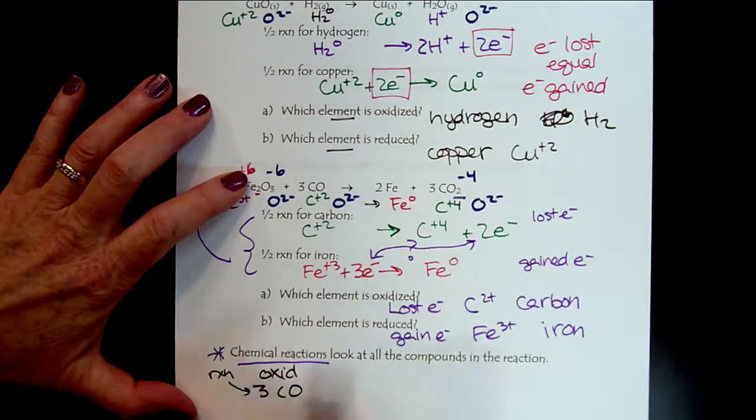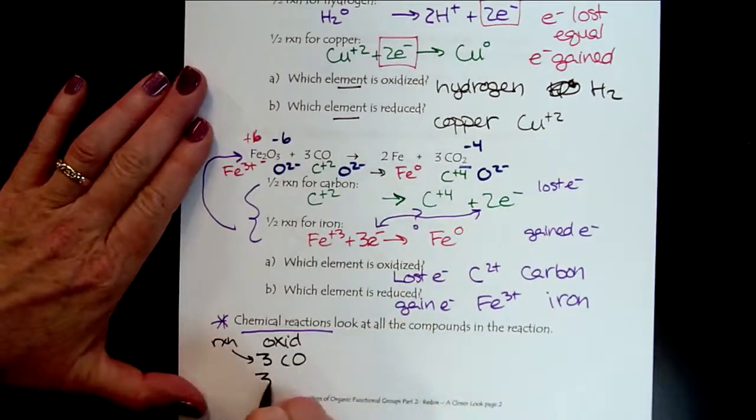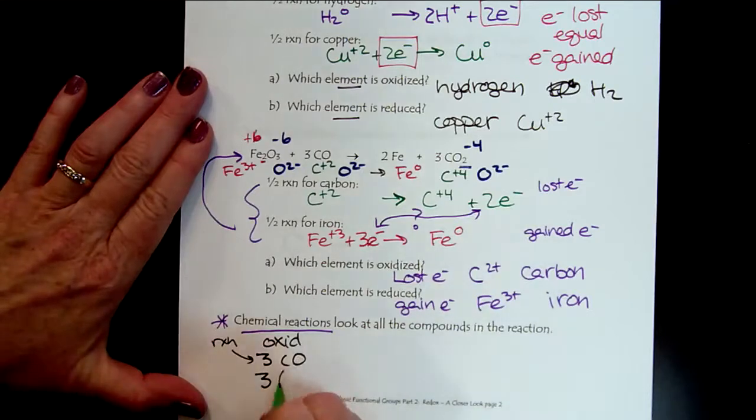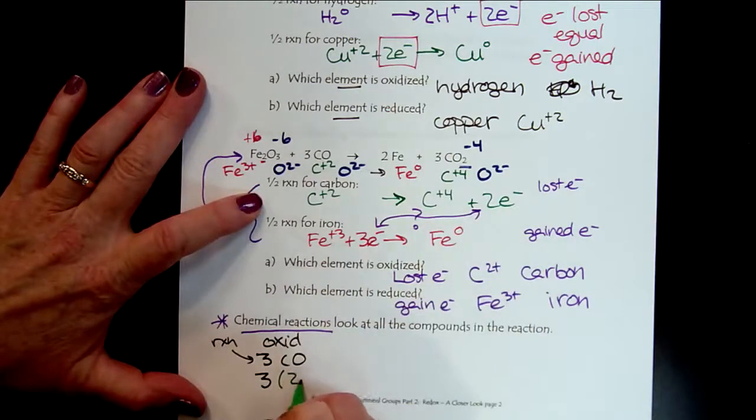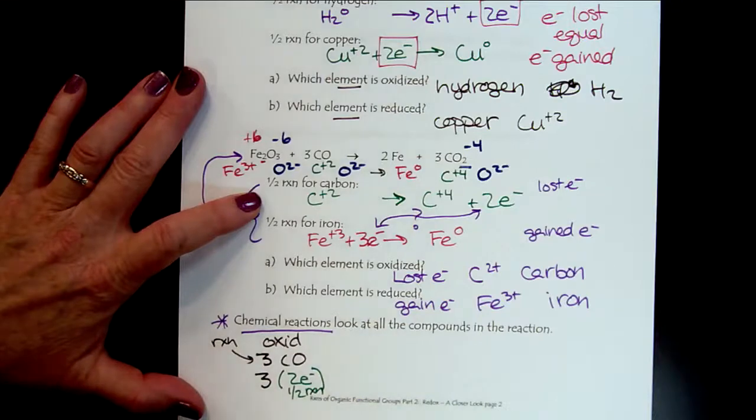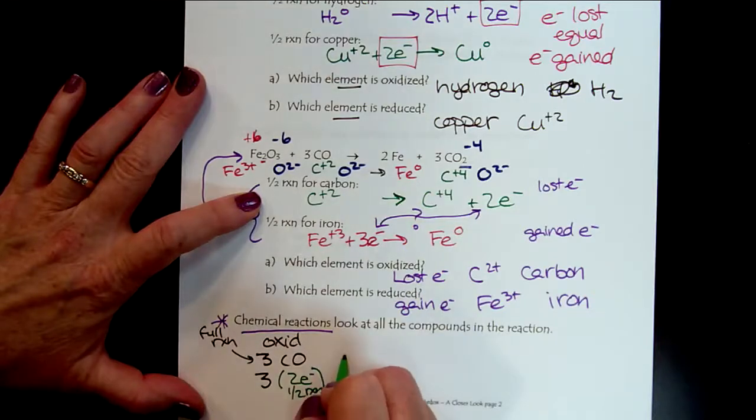And from the half reaction, we see that each carbon lost 2 electrons. So this came from the half reaction, and the 3 came from the full reaction. When we put those together, we see that we lost 6 electrons.